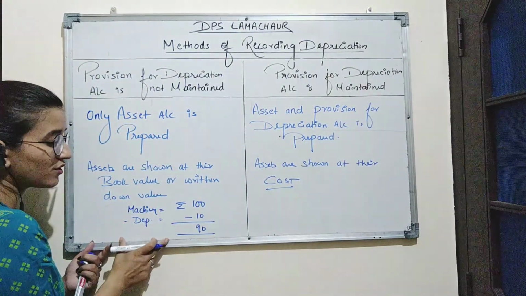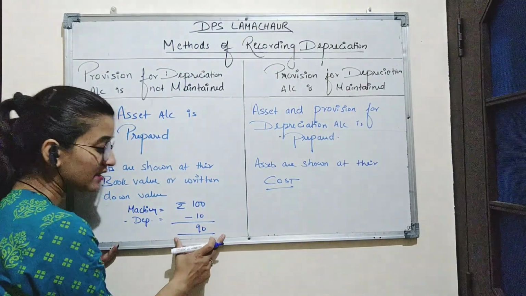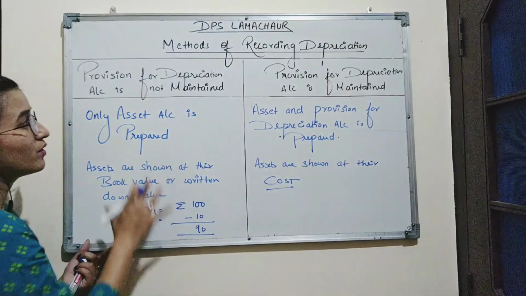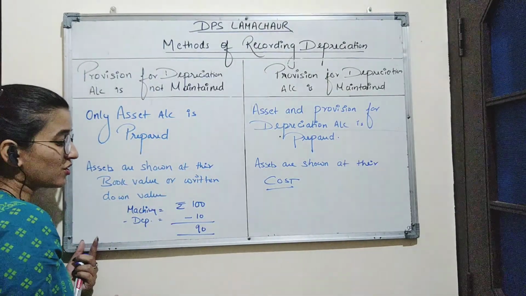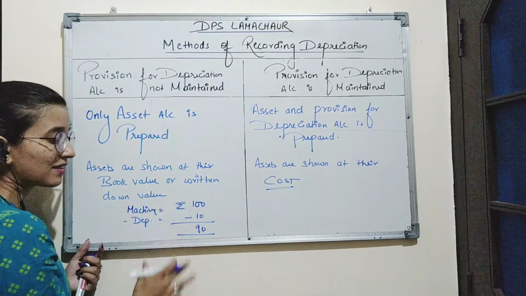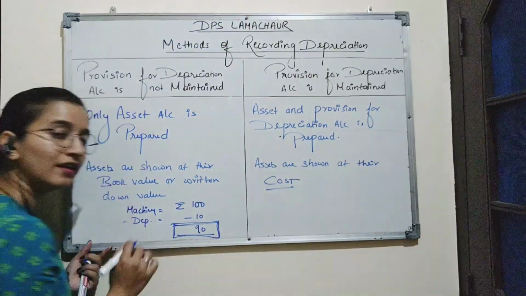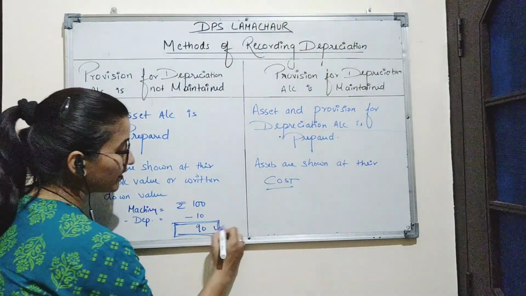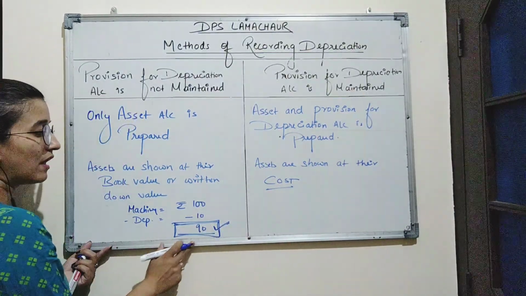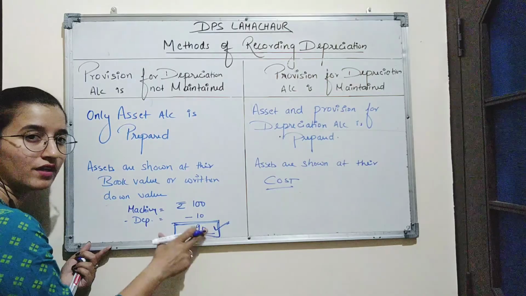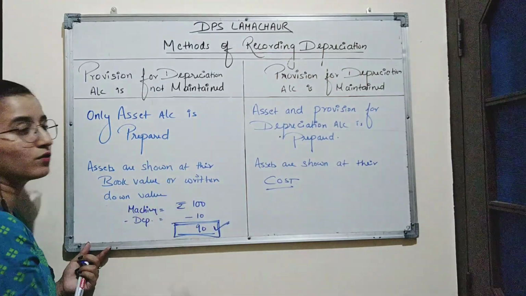So now the value of machinery is 90. The accountant who is not preparing a provision for depreciation account will prepare the asset account and show this amount in it. That means the accountant is showing the book value or the written down value of the asset in the asset account.